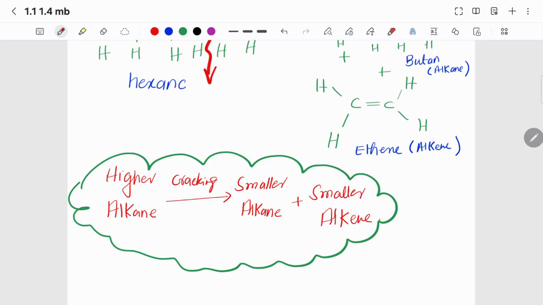Okay, so this is one way in which we can write down the equation for cracking.